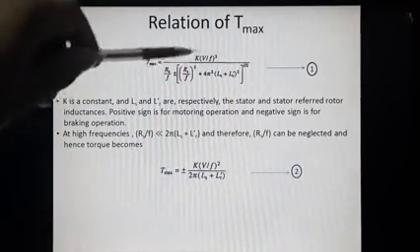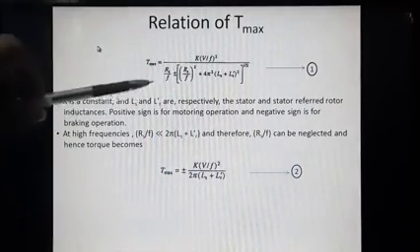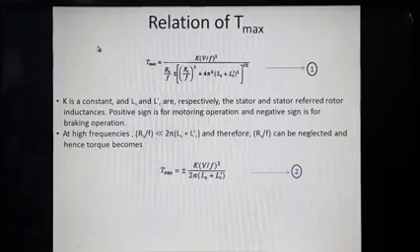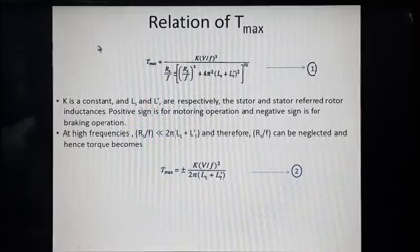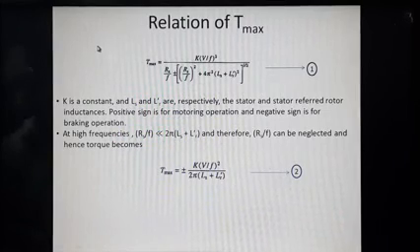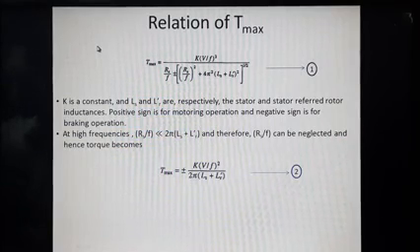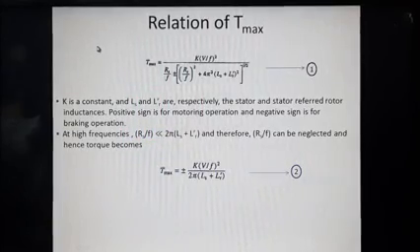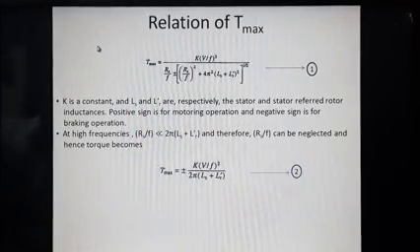This particular numerator term has to be increased in order to compensate the large magnitude of this denominator. So in motoring operation, for very small values of speed control or very small values of frequency, V by F value has to be increased in order to maintain Tmax as a constant value.